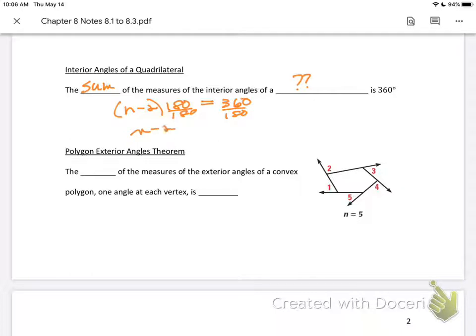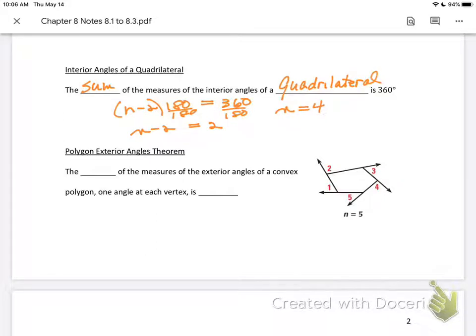N minus 2 equals 2. So n equals 4. So if you have 4 sides, what is your shape called? I'm going to write it right here. So your shape is called a quadrilateral. Okay, 4-sided shape.